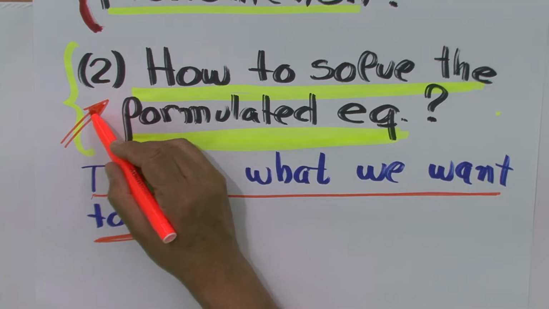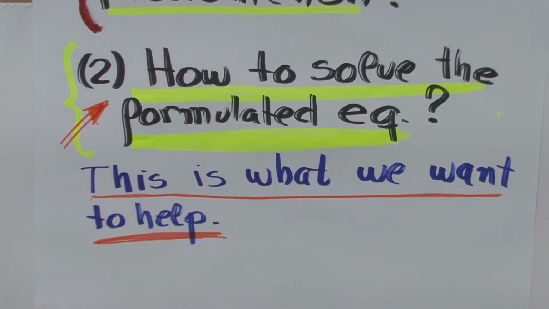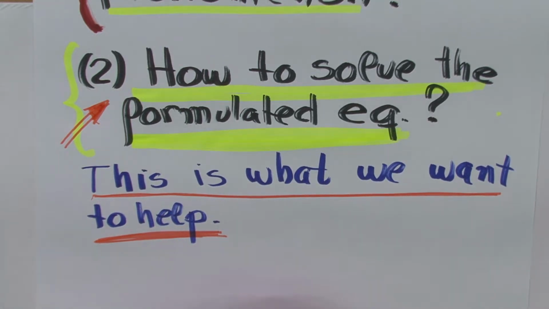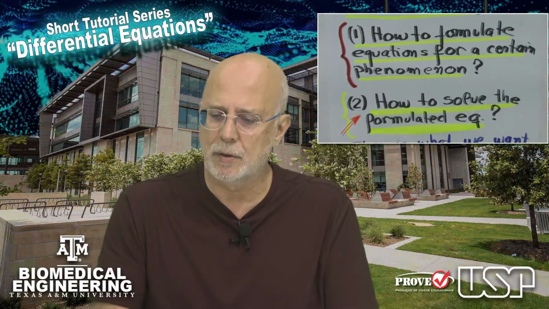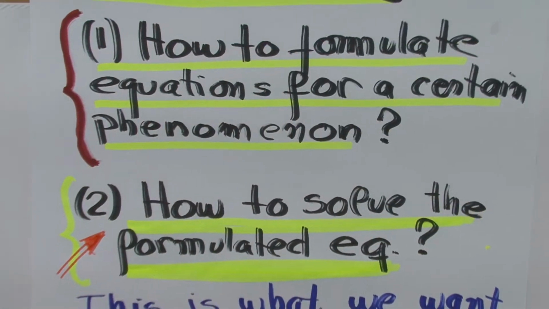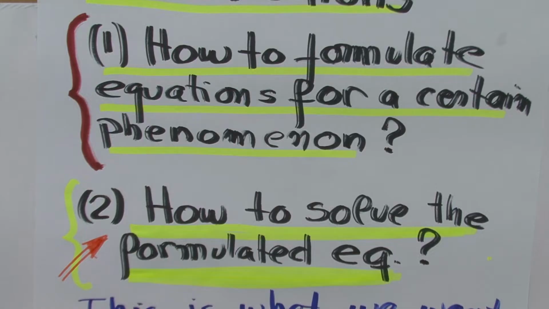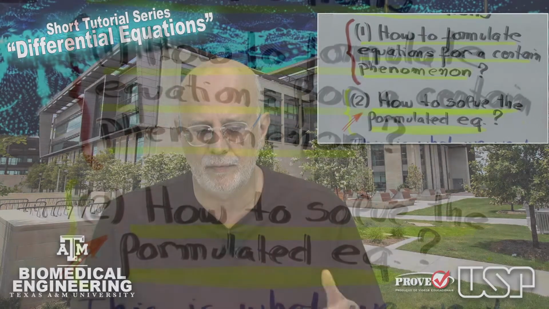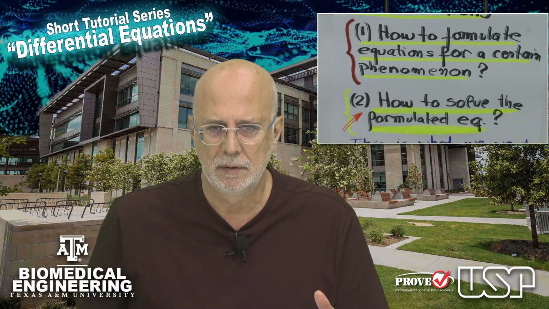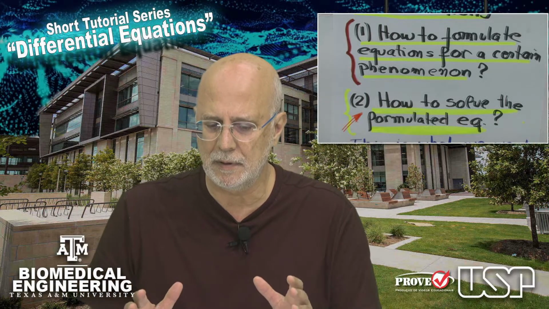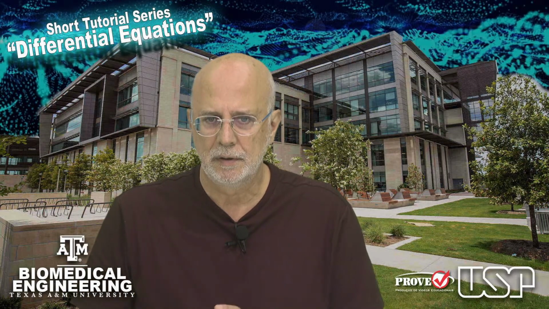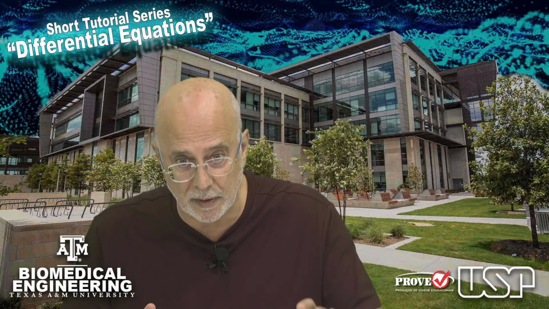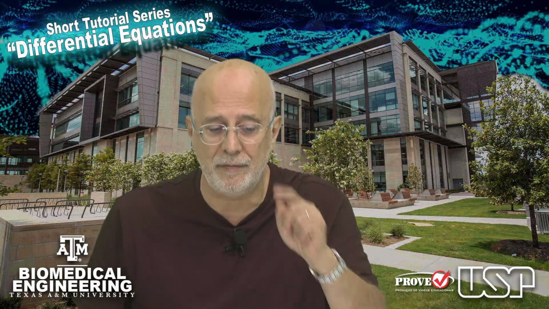There are methods that mathematicians developed that help a lot to come up with solutions that give us the quantity we are interested in. So, those are the two things we always have to keep in mind as engineers or physicists: how to formulate an equation to express some phenomena, and how to solve. During this tutorial, we're going to concentrate more on the second, but always reinforcing the importance of the first.